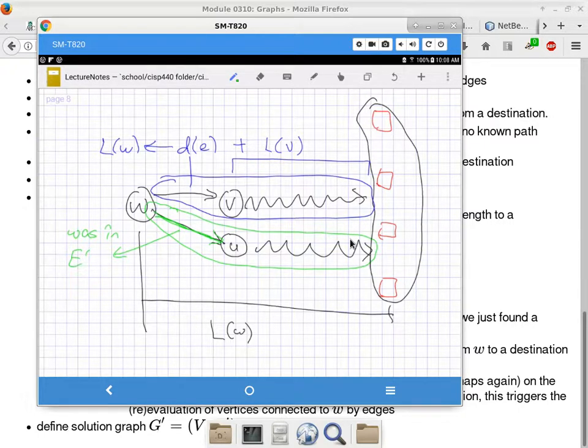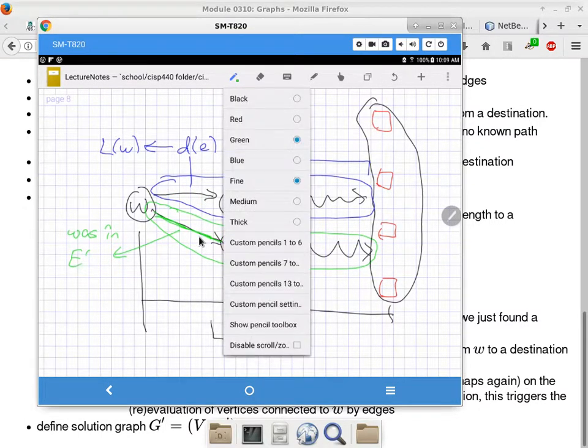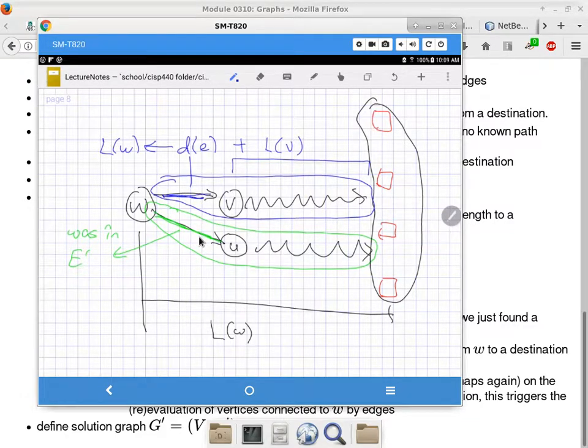So we have to take this out. We have to take out this path and then reinsert this particular edge, which should now be in E prime. So we have to put this in E prime.